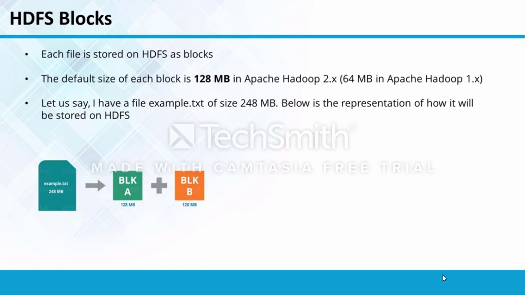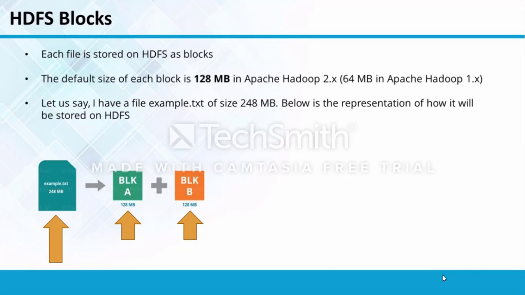A file size of 248 MB, right here, as you can see in the diagram. Now if I move this file into the Hadoop cluster, that is Apache 2.x, this file will get broken into one block, block A of 128 MB, and another block of 120 MB.